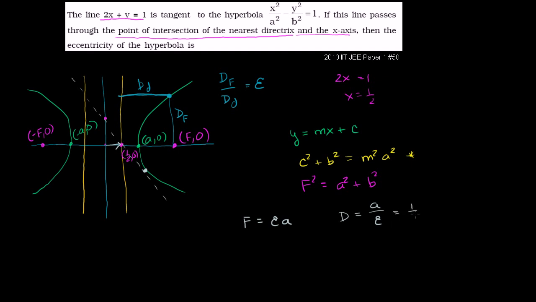So this is equal to 1/2. This is the line x is equal to 1/2. And this is just a known formula for hyperbolas, which I won't prove in this video because then it will just take forever. Now let's see if we can use all of this information right over here to actually solve for the eccentricity.